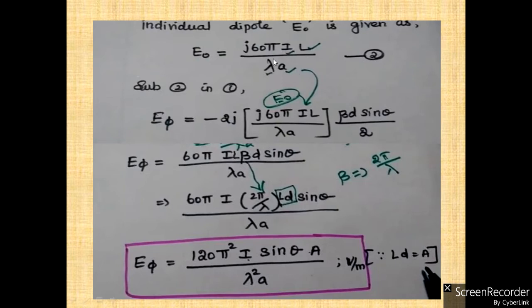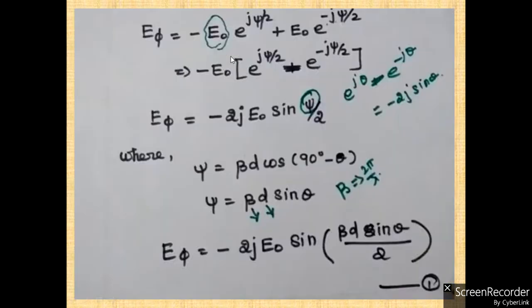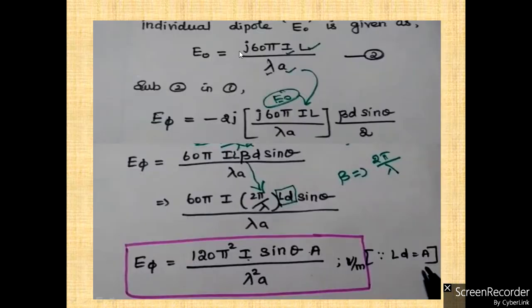This is the equation we got for a half-wave dipole antenna. Similar thing we are going to substitute here. If we substitute this E naught in equation 1, instead of E naught we substitute this value j60 pi into IL by lambda r, and then do the mathematical steps.